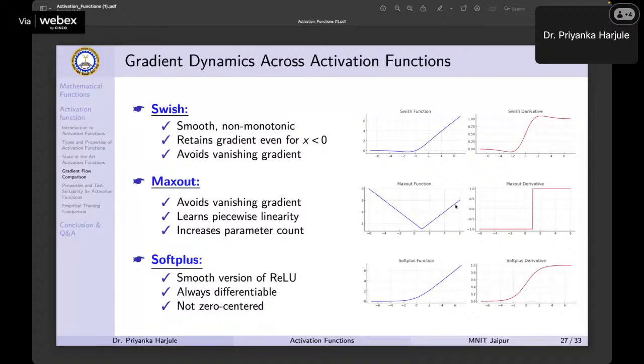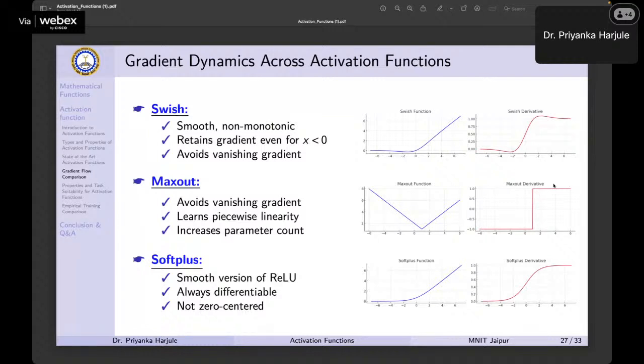Maxout, on the other hand, is learning piecewise linear regions, generalizing the ReLU activation function. But because of increased parameters, each unit has multiple sets of weights, so it becomes computationally more expensive, and the gradient looks like a step function.